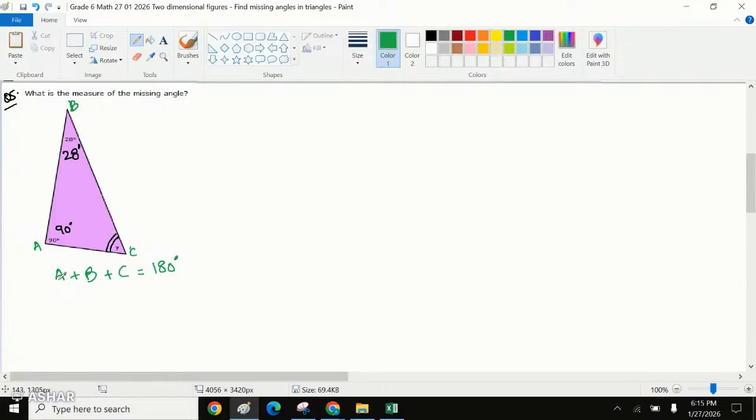Okay, so A was 90 plus B 28 plus C was equals to 180. 90 plus 28 is 118.